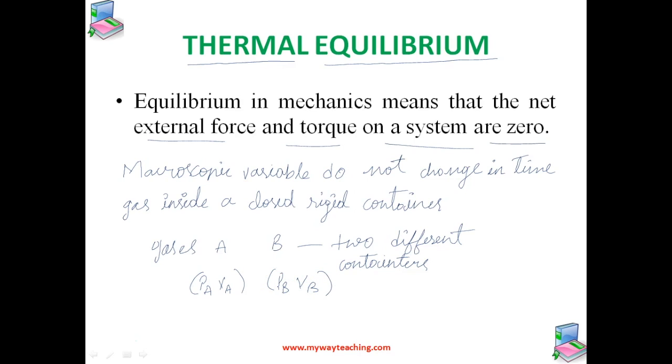Suppose first that the two systems are put in proximity but separated by an adiabatic wall, which is an insulating wall that does not allow flow of energy from one to the other. The systems are also insulated from the rest of the surroundings by similar adiabatic walls.